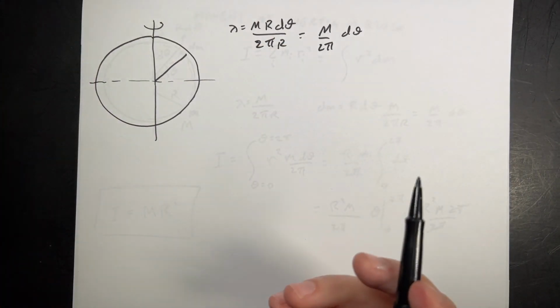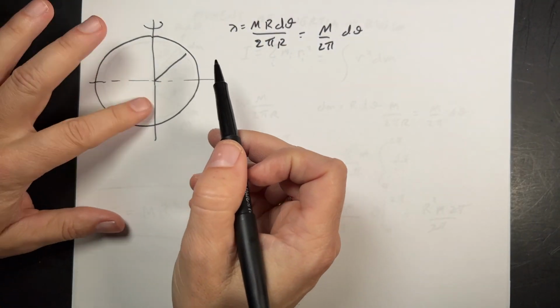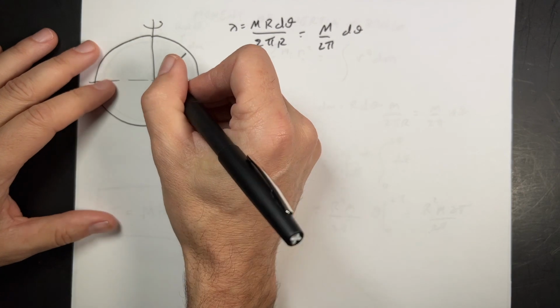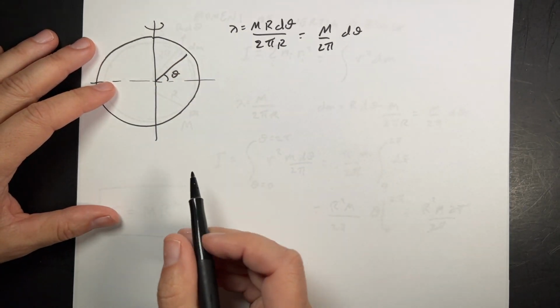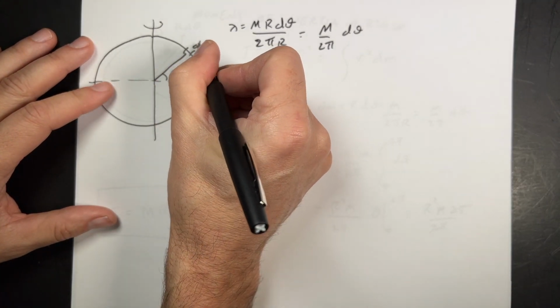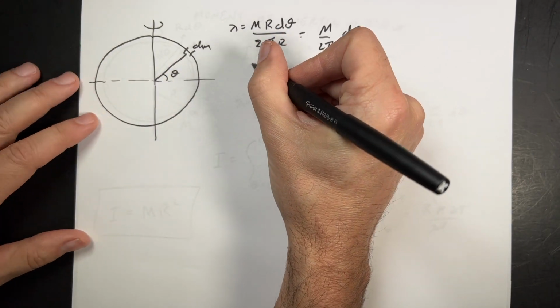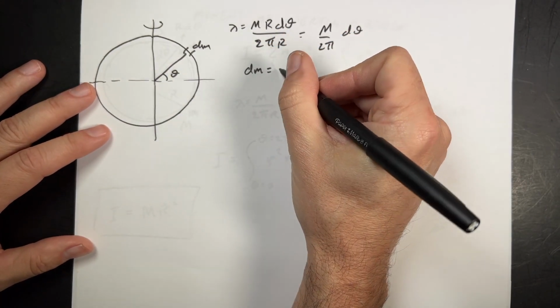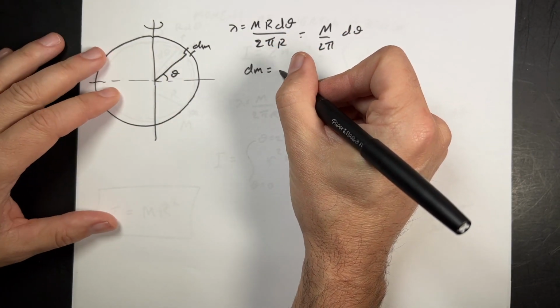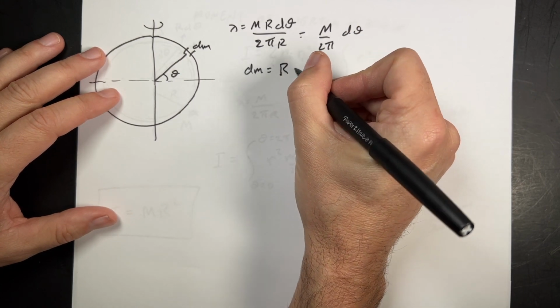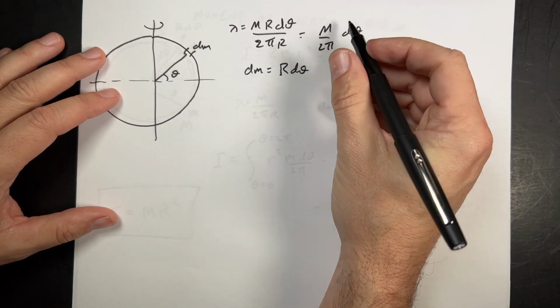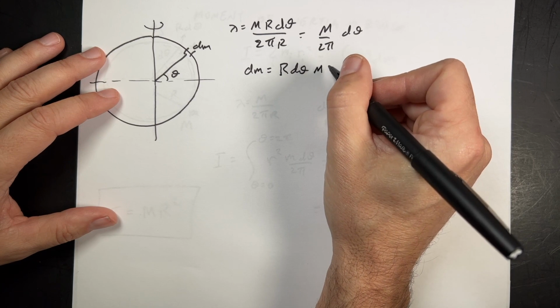I could integrate over x, but then I'd have to integrate over x and y. It's not so easy. So I'm going to integrate over theta. There's my piece dm, and I still have the same thing: dm is equal to the length of that piece, which is r d theta, times this M over 2 pi r.